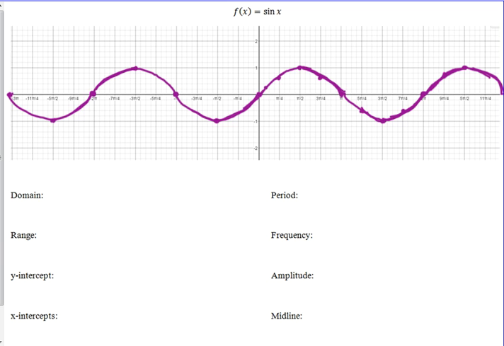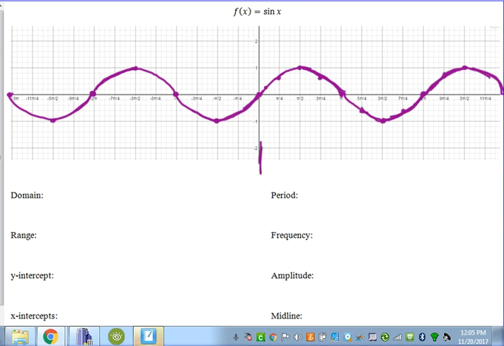Now, what we always focus on is right here between 0 and 2 pi. That is always our focus because that is one complete cycle. And we call that the period.